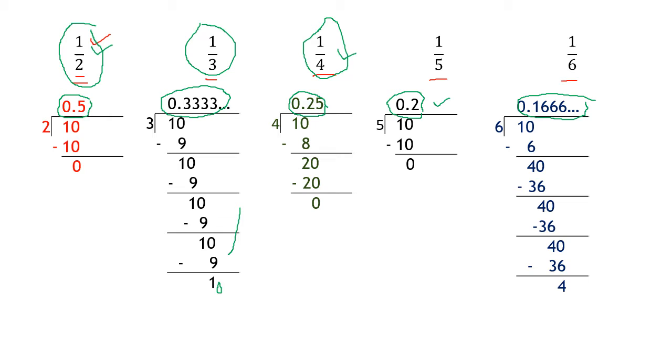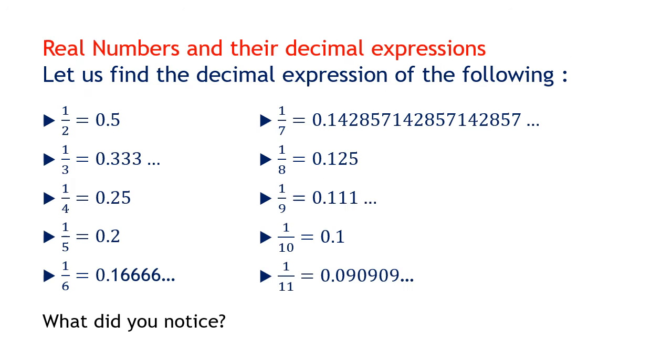So what you observed here, you observed that 0.5, 0.25 and 0.2 are terminating and these two, 0.333333, 0.16666 are not terminating. Yes. So what we have done, we have converted the rational form P by Q into the decimal form. Clear?